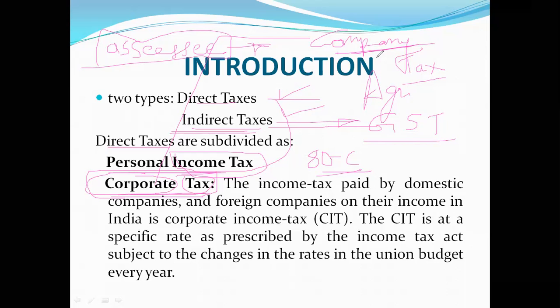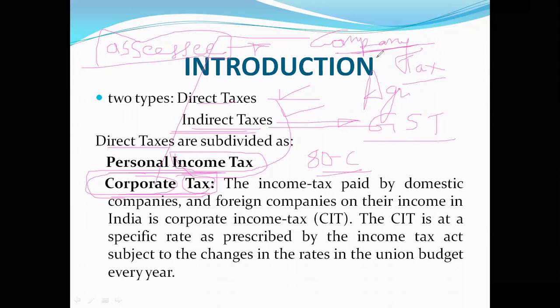Similarly, whenever an individual or a body corporate, that is a company, or cooperative society, or Hindu undivided family, whatever the case may be, if they have to pay penalty or any additional tax, they are also deemed to be known as assessee.